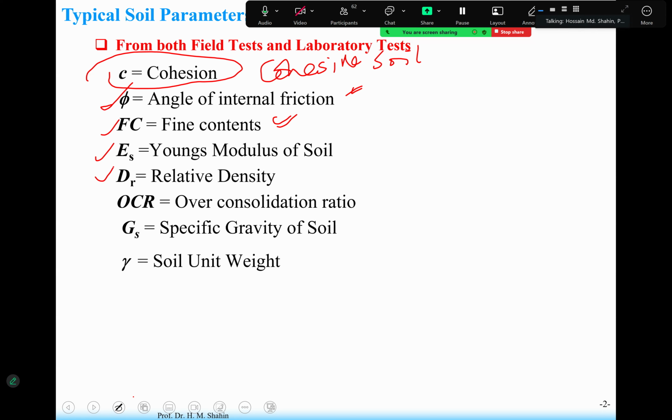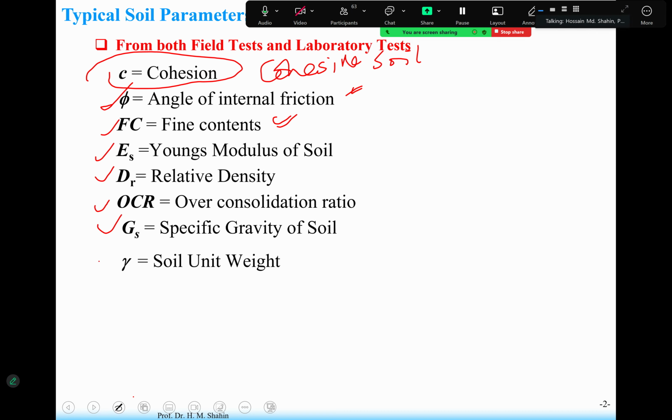Depending on the relative density, there are some parameters, and depending on these values we may need to calculate this. Then void ratio, mainly for clay type soil or cohesive soil. Then Gs, specific gravity of soil.